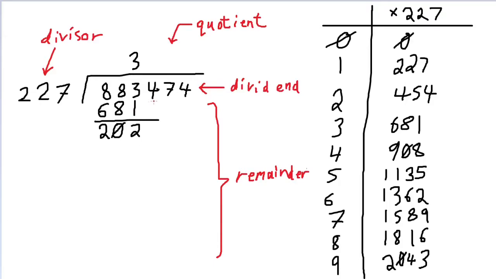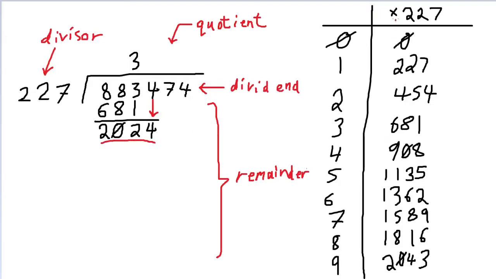So we start one digit at a time, we take the next digit of the dividend, and we add this to the end of our remainder, and this will give us our new intermediate dividend. And then we just repeat the same thing we did before. What is the greatest multiple of the divisor that is still smaller than 2024?